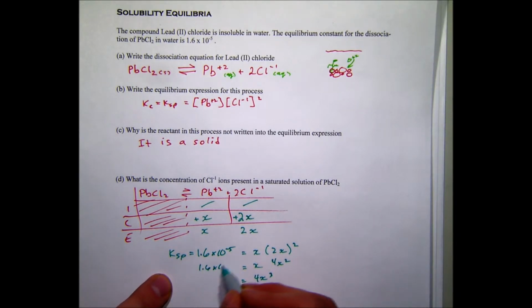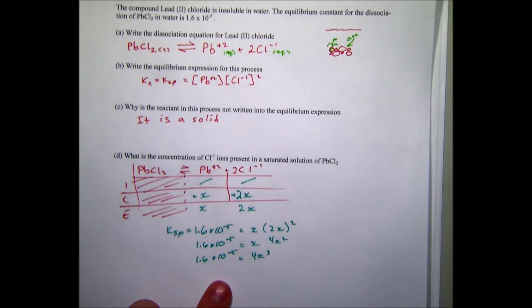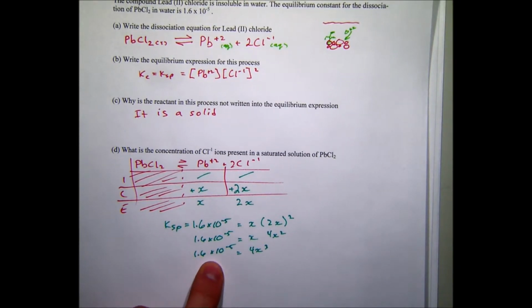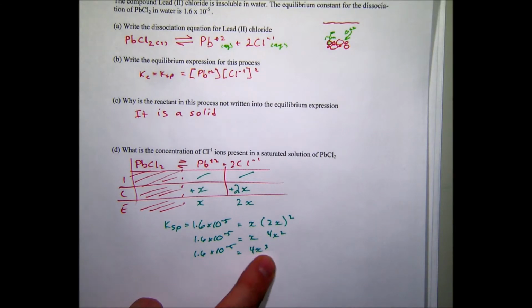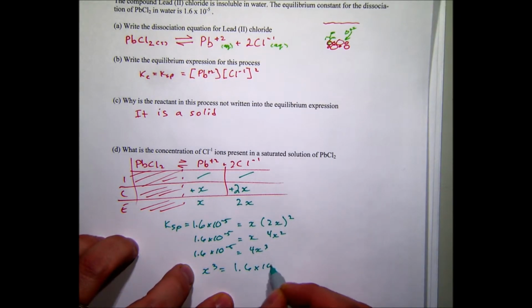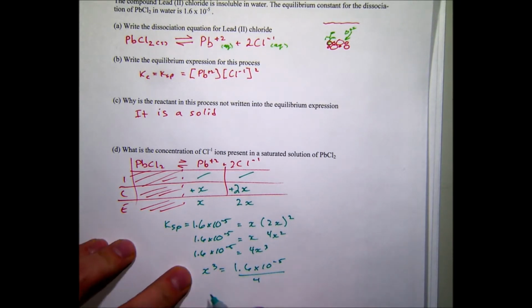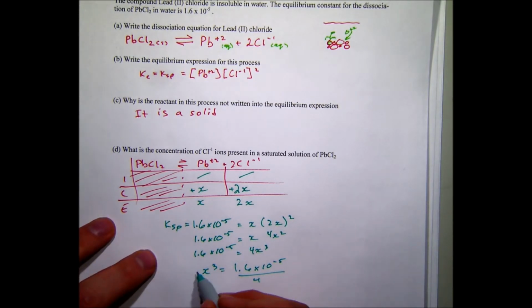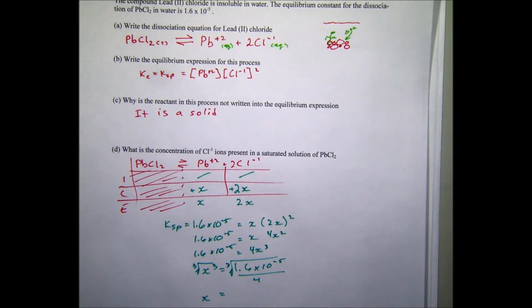And of course we have that constant that's just going to keep following us down. So we end up with 1.6 times 10 to the negative 5 is equal to 4x cubed. So x cubed is equal to 1.6 times 10 to the negative 5 divided by 4. X is equal to the cube root of this whole object up here.